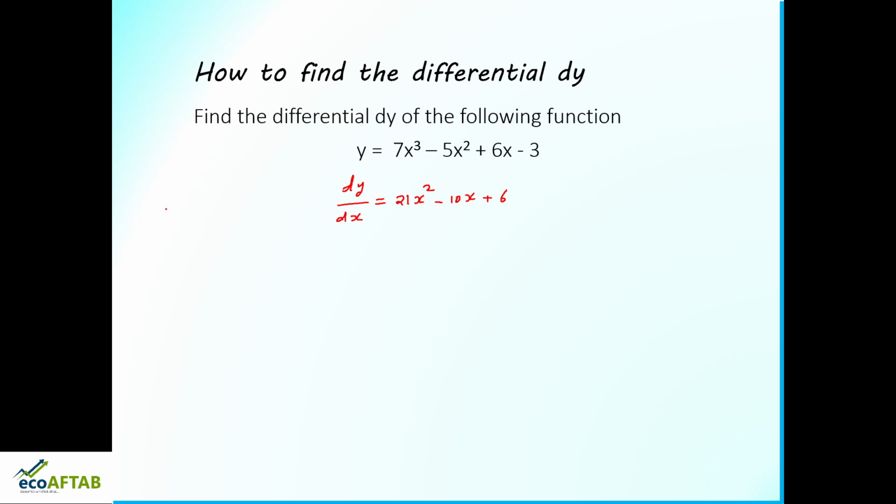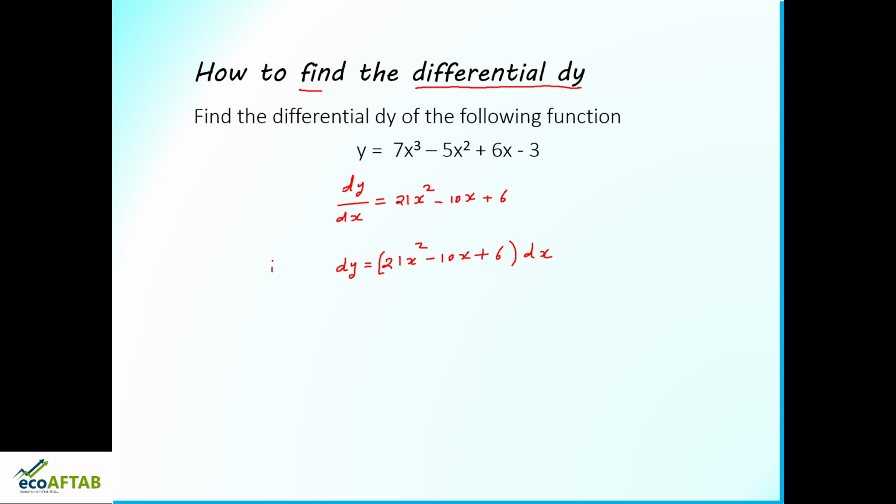Now, how to find the differential dy? We only need dy, so dy is equal to 21x square minus 10x plus 6, in bracket, and we take the dx from the denominator to the other side, into dx.